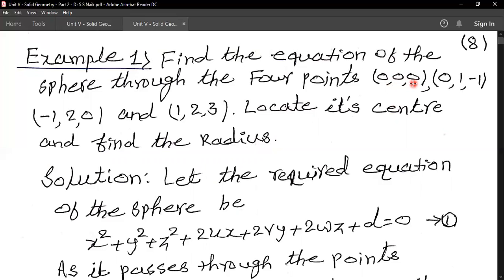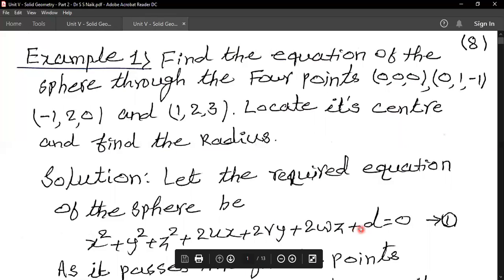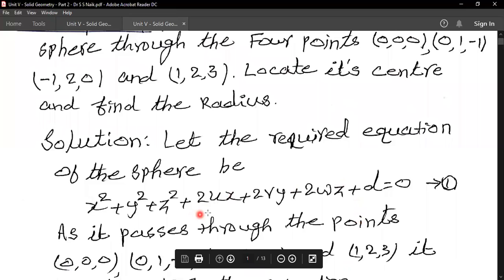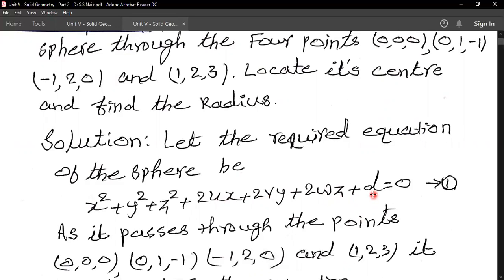Now to find the equation, the equation of a sphere x square plus y square plus z square plus 2ux plus 2vy plus 2wz plus d equal to 0 has actually 4 unknowns. Which are they? u, v, w, d.